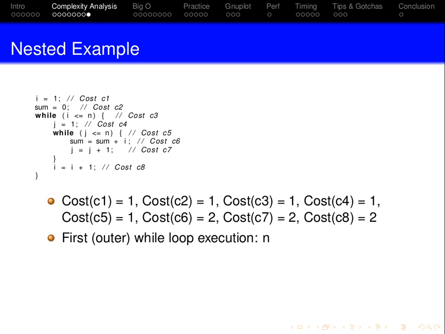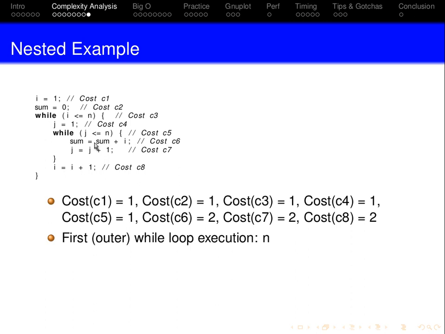How many times does the outer loop execute? N times. And what's the cost of the outer loop? Well, 1, 2, plus the cost of this, which we calculated as 1 plus 5N.